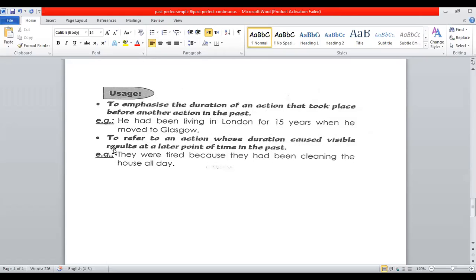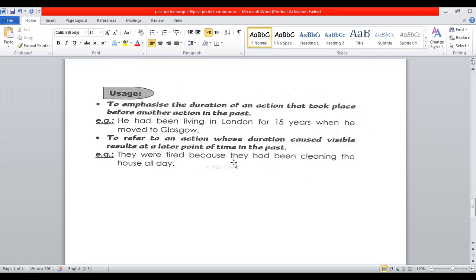So what is the other usage of the past perfect continuous? We can use it to refer to an action whose duration caused visible results at a later point of time in the past. Like this example, they were tired because they had been cleaning the house all day. So this is a result here.